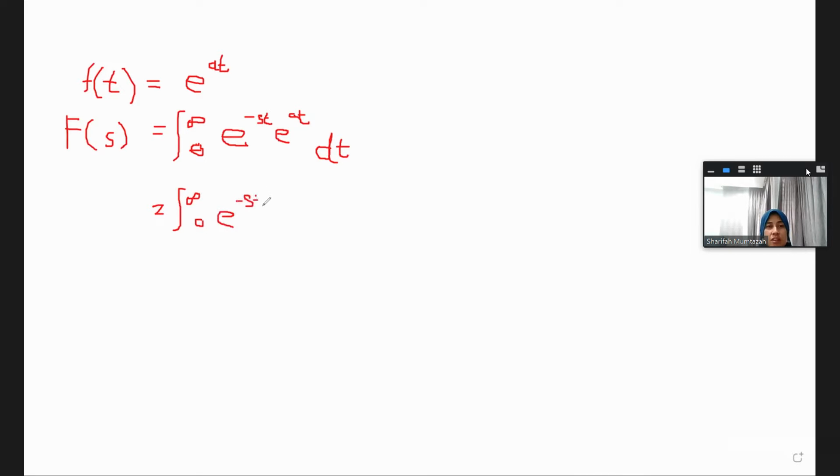Make it in the form of exponential decay. That is correct. s negative a, good, outside is t dt. All right, good. Get me the answer now.